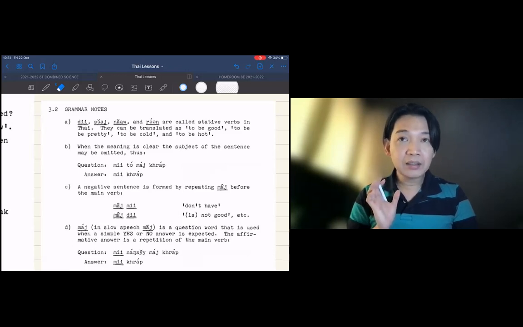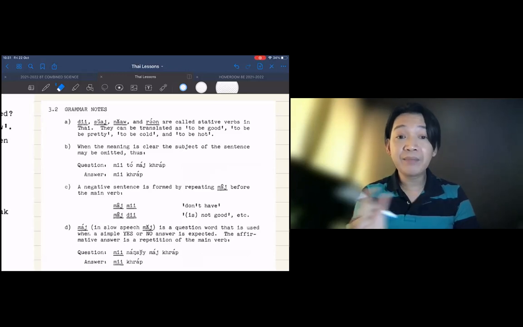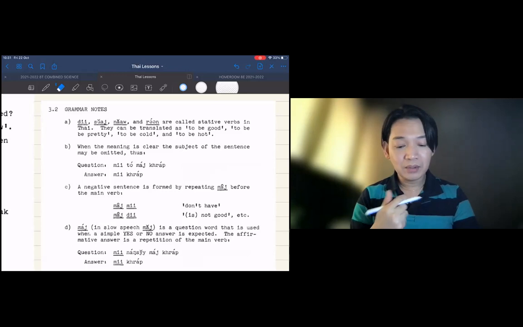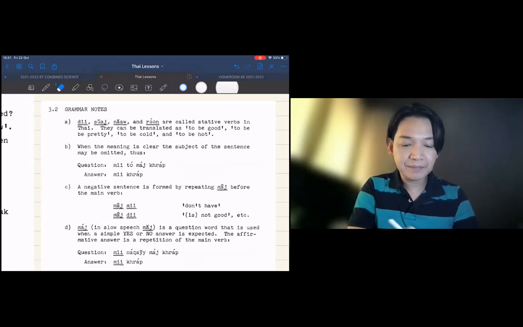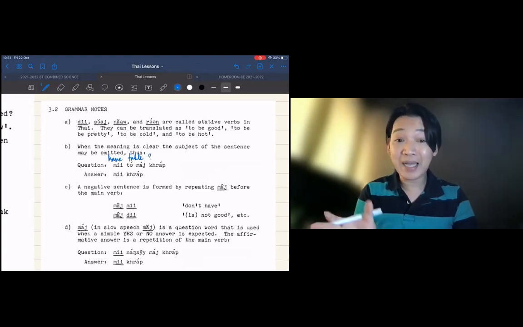Now, the Thai people could also shorten their sentences by omitting the subject if the verb is clear. So say for instance you wanted to go to a restaurant and you are asking if tables are available, you can ask the personnel, Mi to mai krap. Mi is have, to is table, mai is do you have.